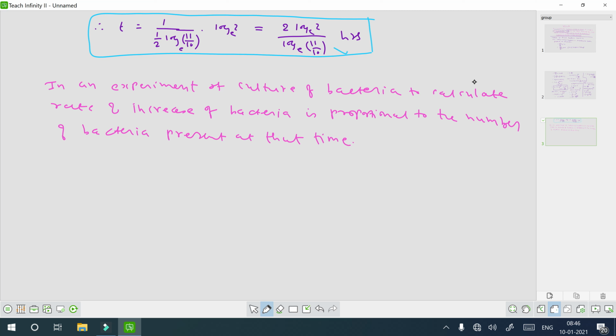Clear? That relation is given to us. If in 1 hour the number of bacteria gets doubled.